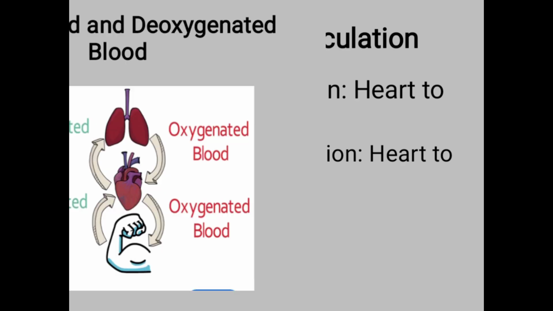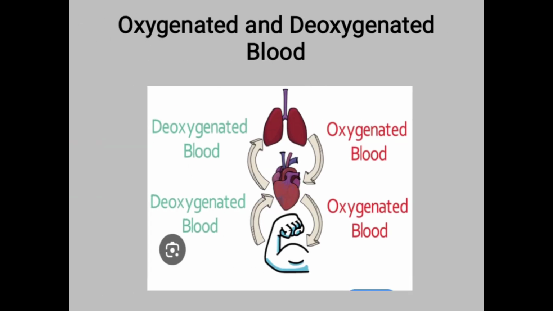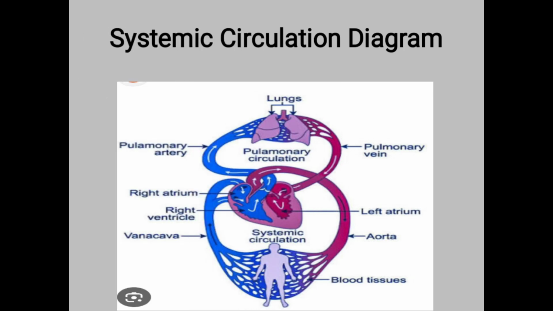Let me show you. Here you can see the systemic circulation diagram and the pulmonary. Here you can see first the blue color. The blue color vein moves to the lungs. What is this process called?